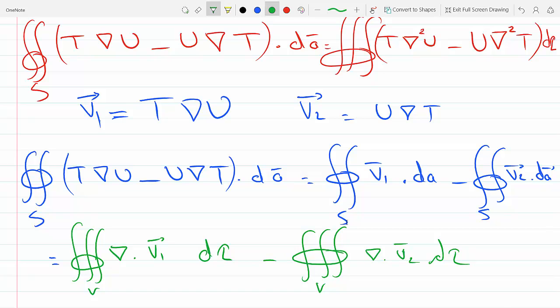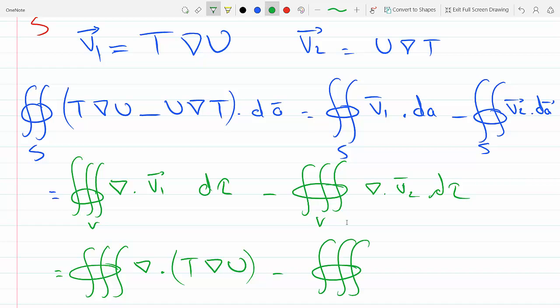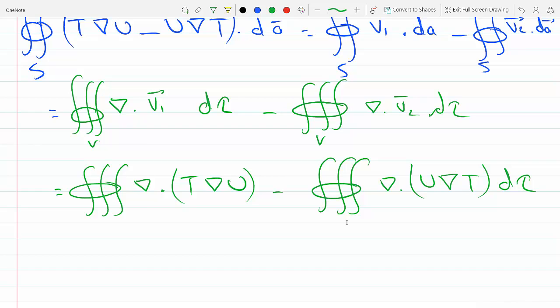And now if I bring back the V1 and the V2, this becomes a triple integral of the divergence of V1, which was T gradient U, minus the divergence of V2, which was U gradient T. Now we can use the product rule to distribute the divergence.